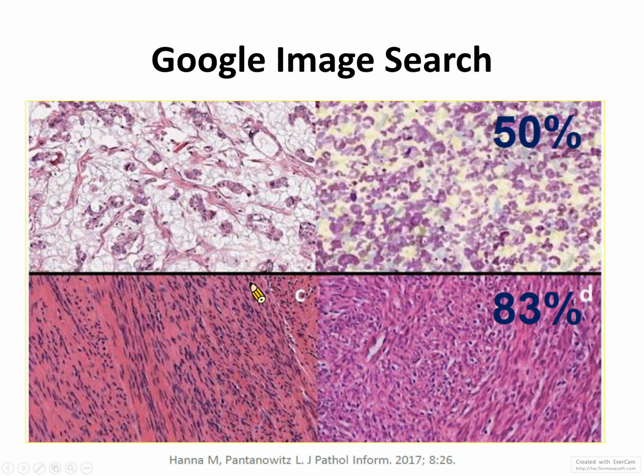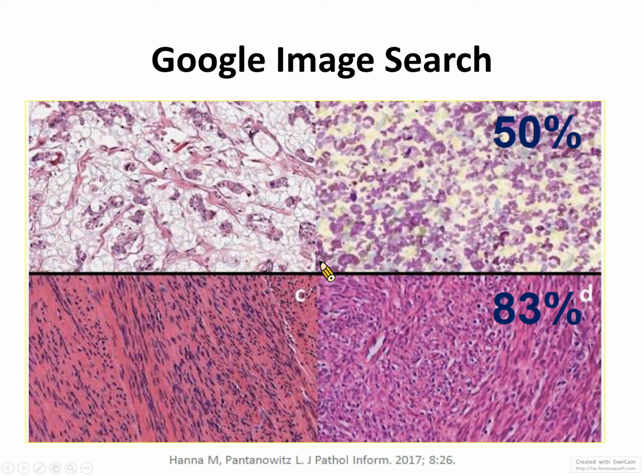But in terms of machine learning, I just want to show you one very interesting paper published in 2017, in which researchers tried to see if Google image search can identify a benign or cancer tumor.